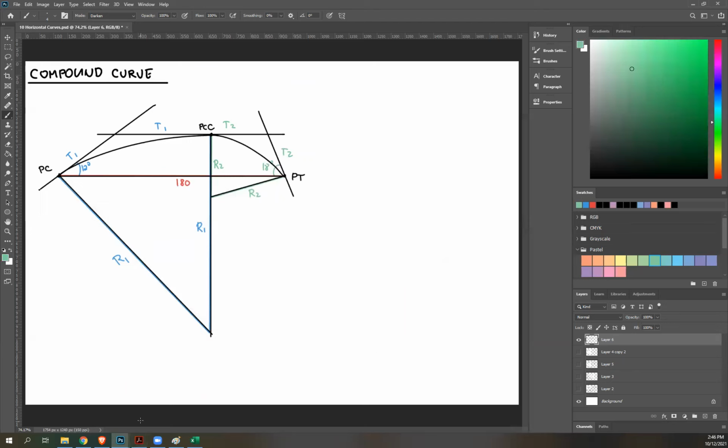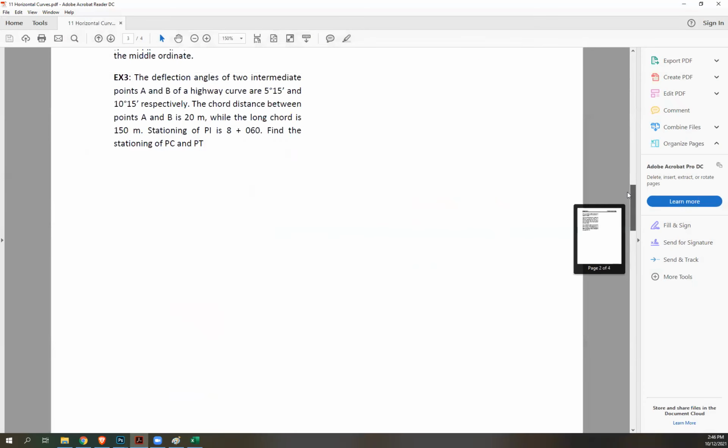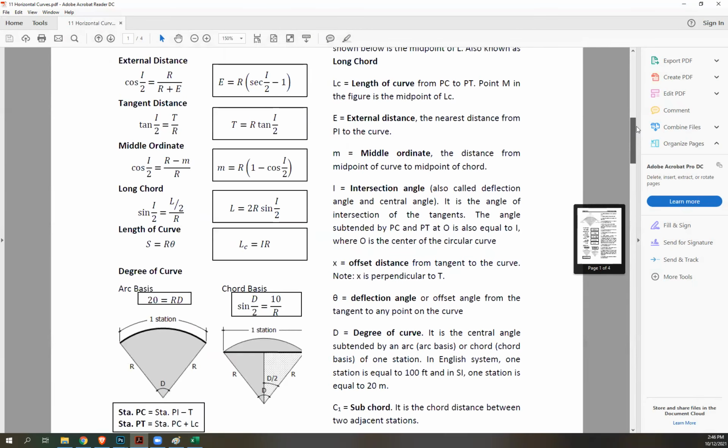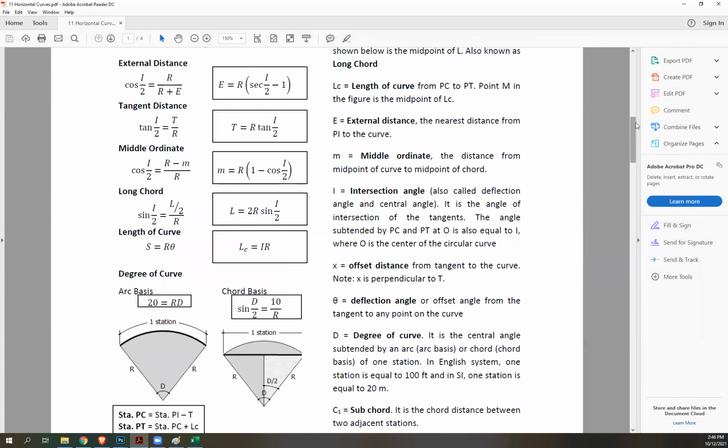We're looking for R. Remember, one equation for R is using the length of chord, right? To get the difference, we have to figure out the parts of each individual simple curve. One way to get R is if we know L, and then we know I, we can solve for R of each.